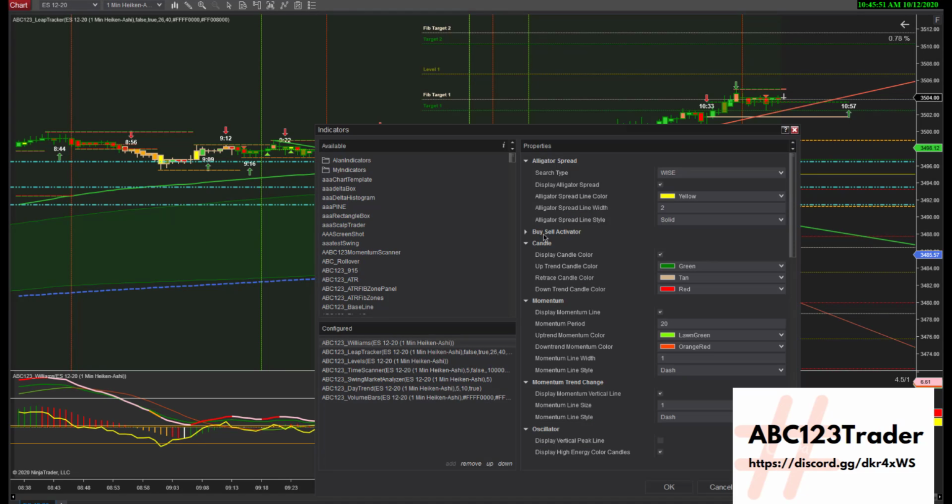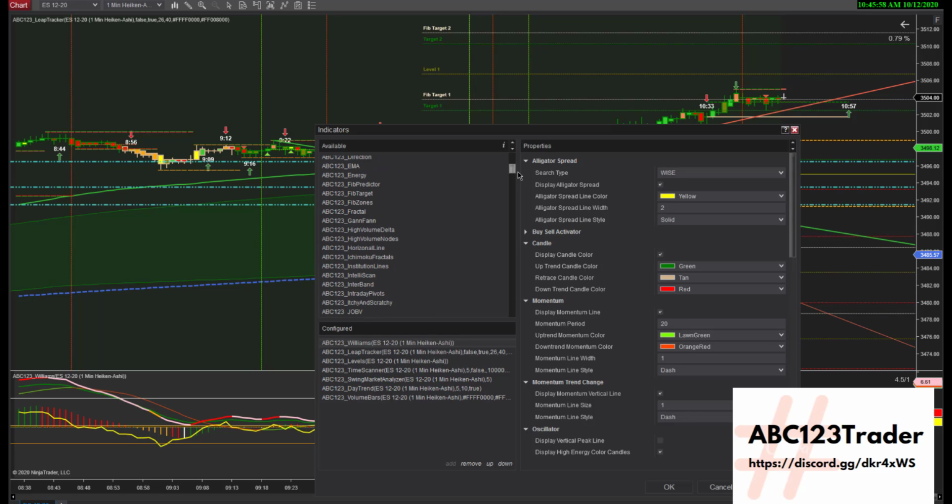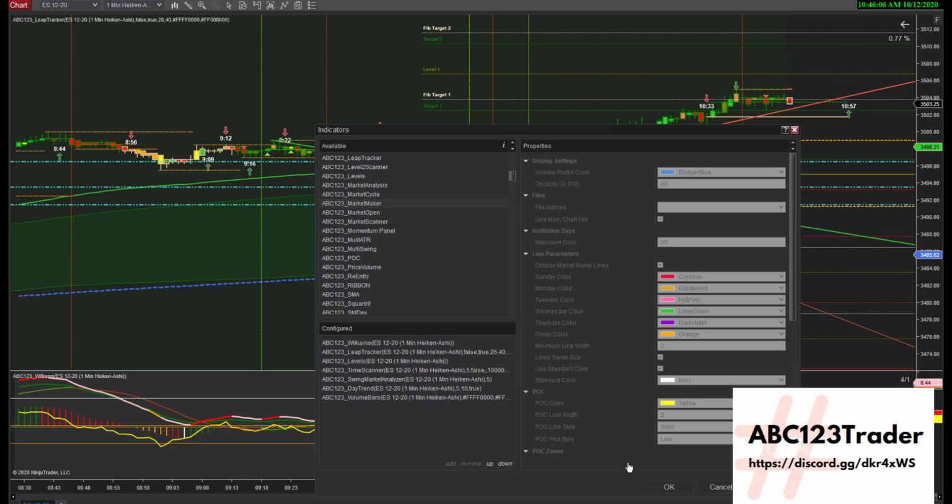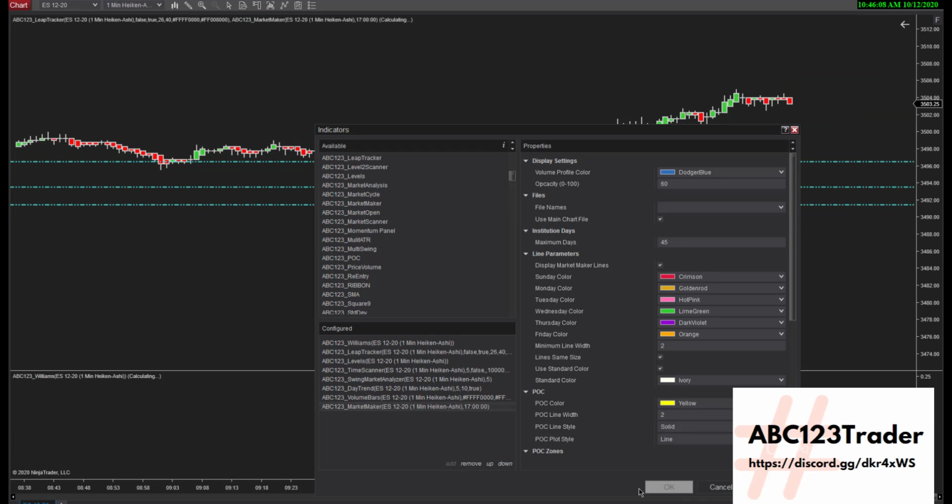Okay, now last one, I'm going to put the market maker back on. I was just testing to see if it was grinding, and now I can hear my computer not grinding, so probably it's not the market maker. It was just a lot of volume coming through my router. And if I add this and it starts grinding again, then I know I have to take a look at it.